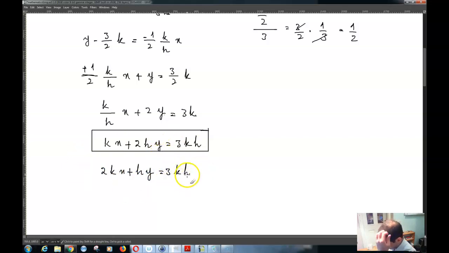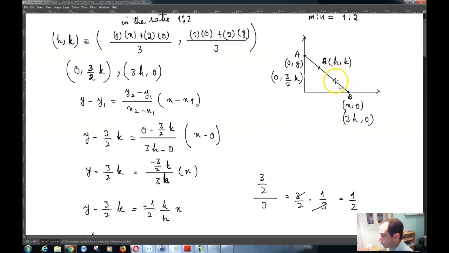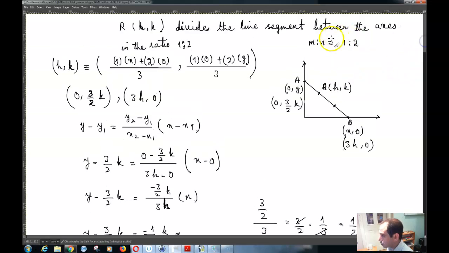This is the answer that has been given in the book, and I'm pretty sure that you would get this equation if you took the point somewhere down here, and then you change this ratio to 2 to 1, for example.